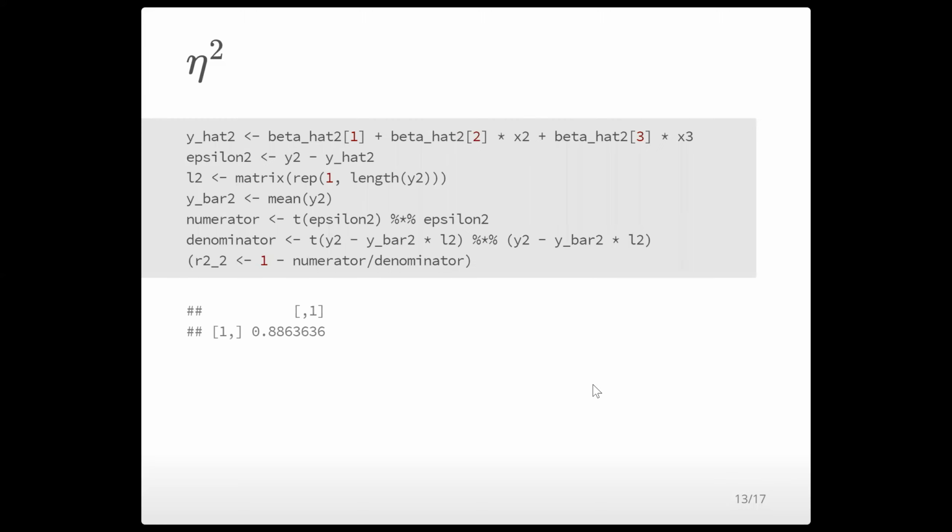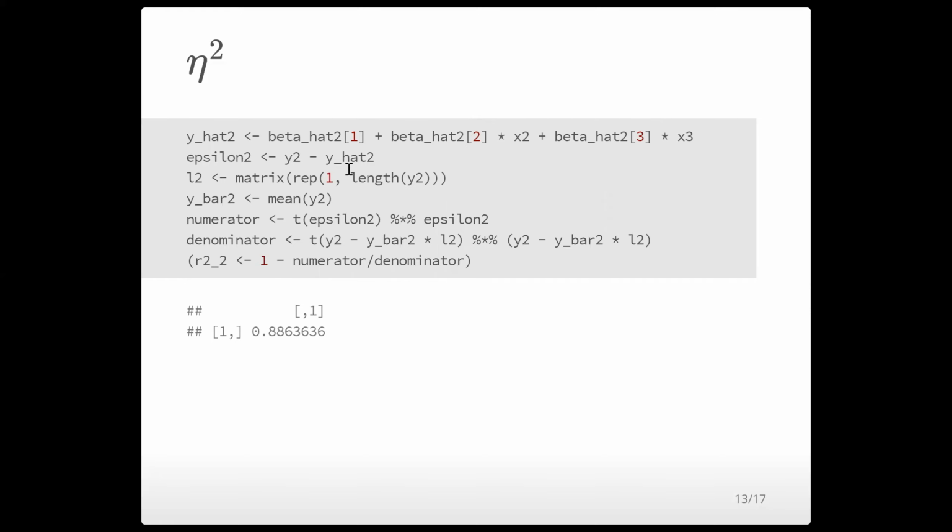We can see this in an ANOVA example. Here I'm just doing the same R squared computation I just did, in the ANOVA type model where I have the grouping variables. Note that I have the intercept from my ANOVA plus the first coefficient times group 2, and then the second coefficient times group 3.